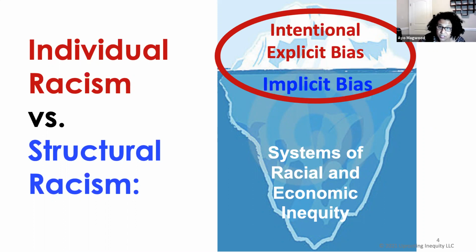At the top, we call that individual racism or bias or prejudice, but they're really being fed by these systems of racial economic inequity. So structural racism is all of it, but definitely including that bottom part, which a lot of social scientists would argue is by far the biggest part.